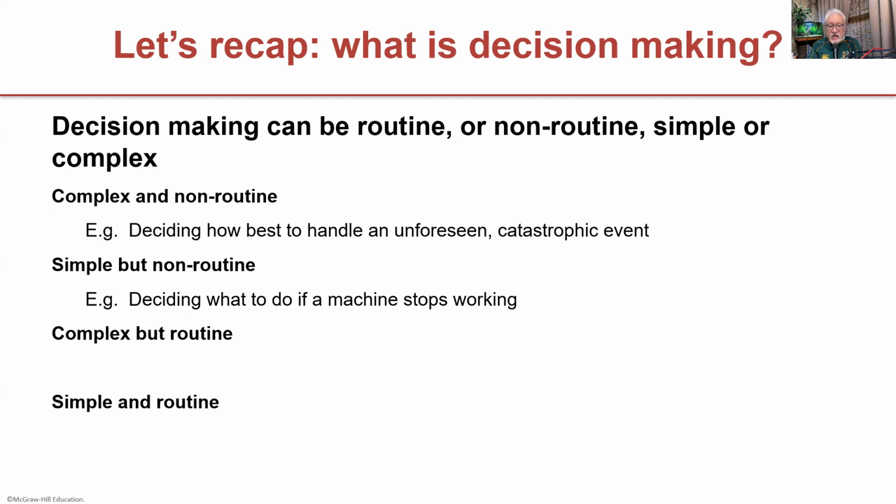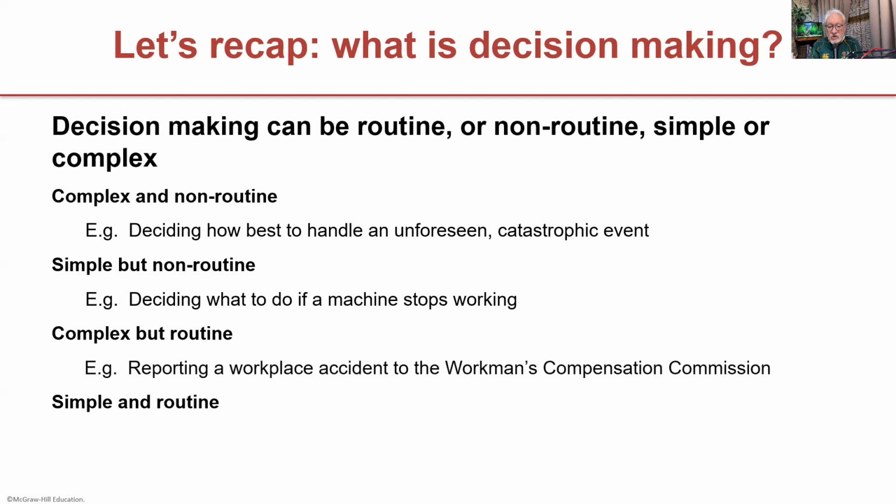And routine decisions which are complex arise like this. Someone hurts themselves, there's a procedure to follow. Whenever something can be undertaken as a process, then it tends to be routine. But those processes don't have to be about simple things. If someone gets hurt at work and you have to lodge a record of that event and a claim, then that is a complex exercise, even though it might be routine.